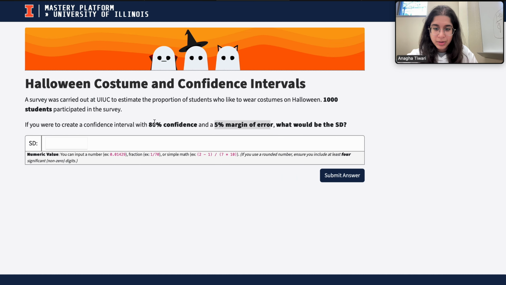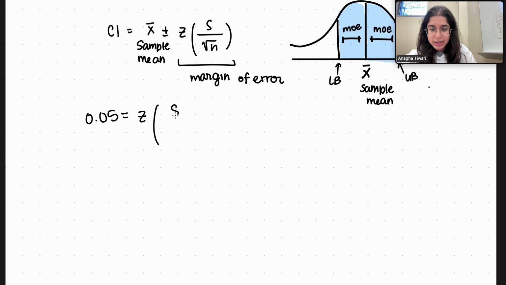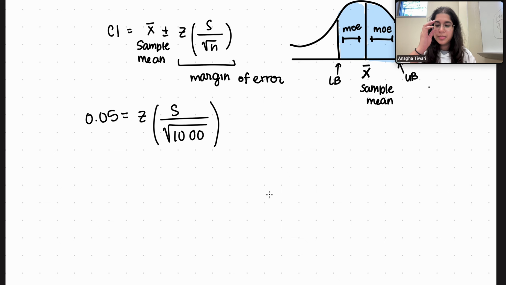And then we have an 80% confidence level with 1,000 students, so S divided by square root of 1,000. And basically, we can find out our z given our confidence level. We know our confidence level is 80%.